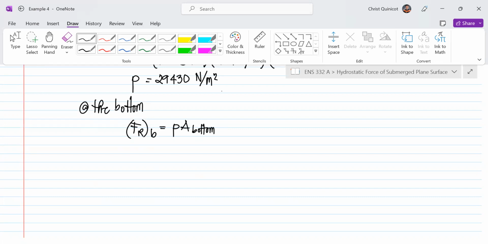Now this area is how our pressure is distributed over that area.